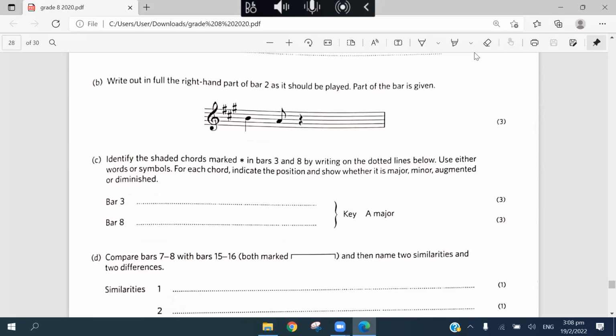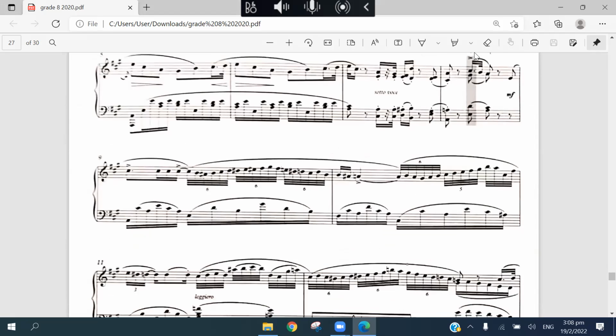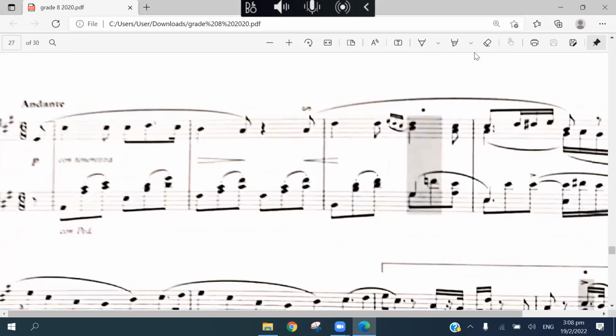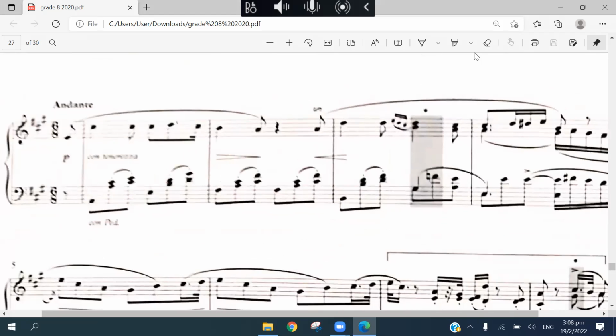Bar 3, major key of A. Bar 3. Okay, what letters are those? It's a bass clef and treble clef. I got F sharp, C sharp, G sharp. I scanned it so blurry. So I got G, B, D, F. Then I got F natural.